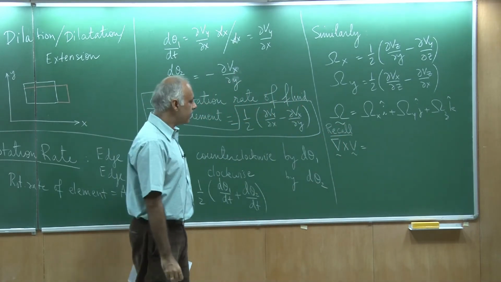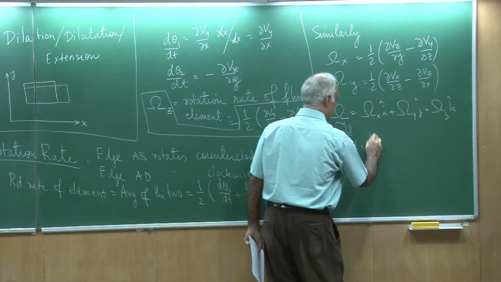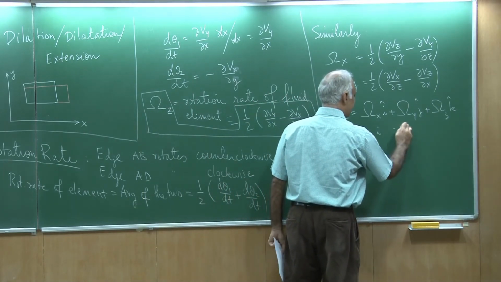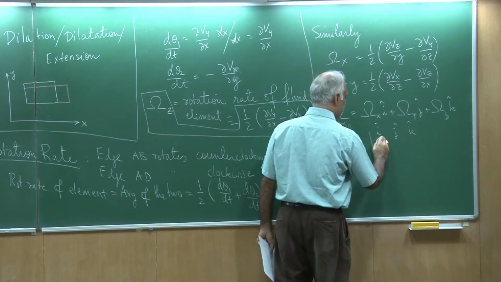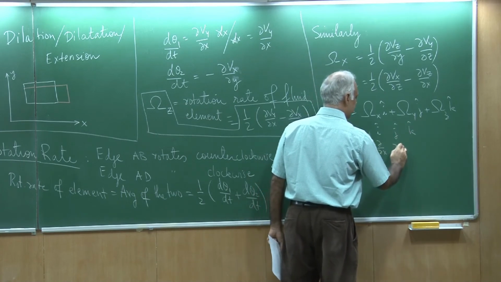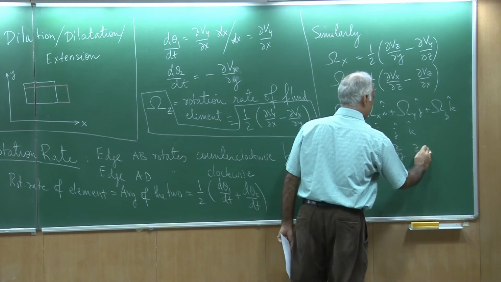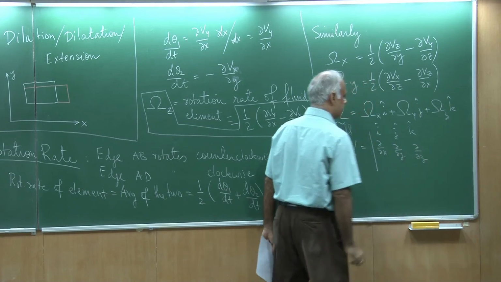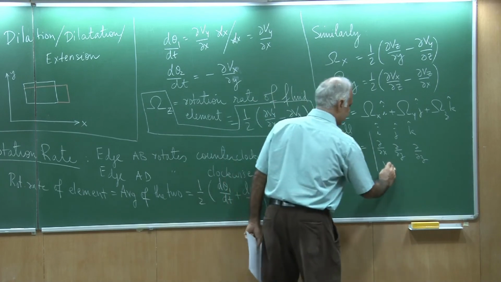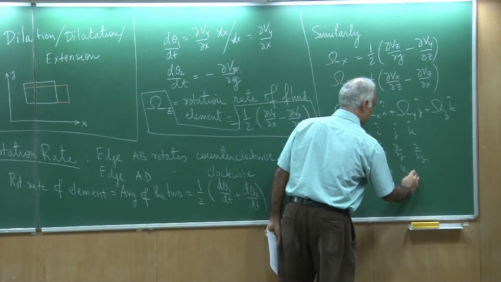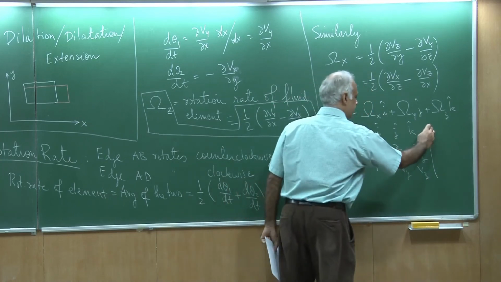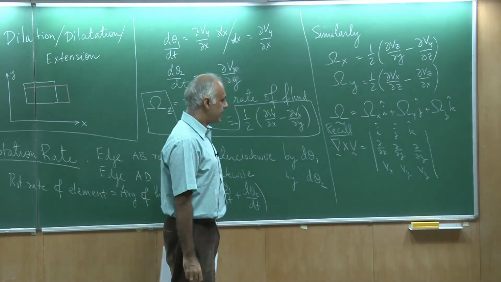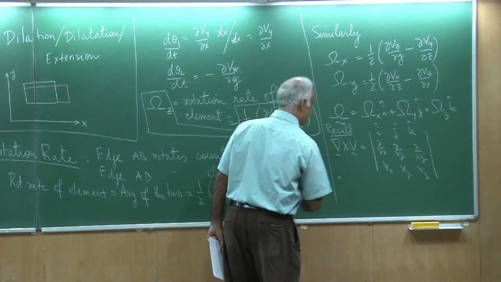If I try to evaluate what is curl of V, we know how to do that. So, this is i j k, and I would write this as del by del x, del by del y, del by del z, and this is Vx, Vy, Vz. And I can work these out.